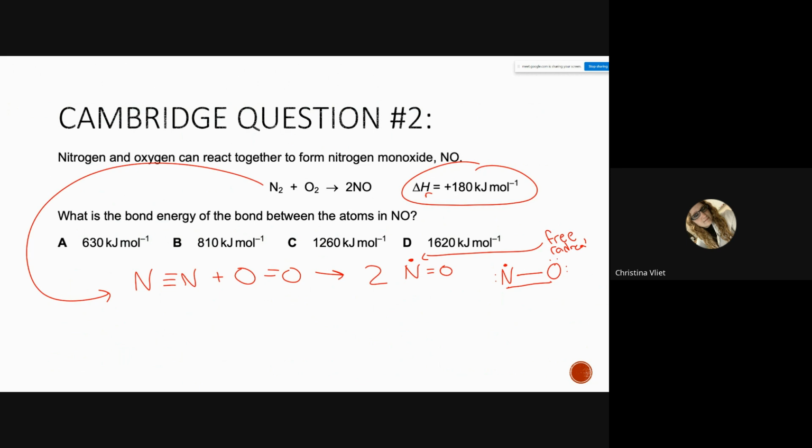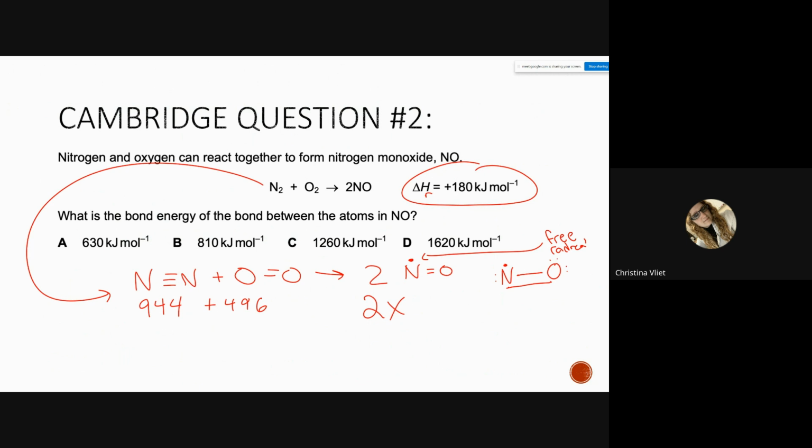Look for N triple bond N. What's the number? We know that this is 944. And don't we know oxygen as well? 496. And we have no clue what NO is. We're looking for it.